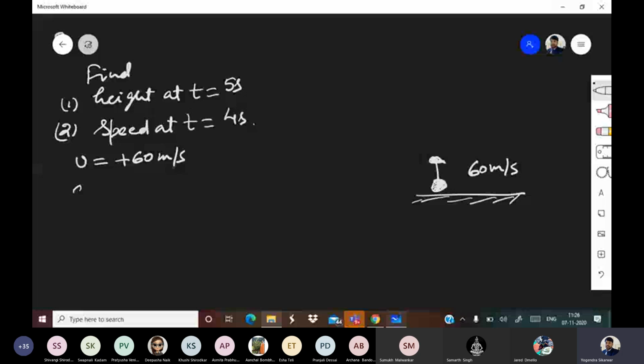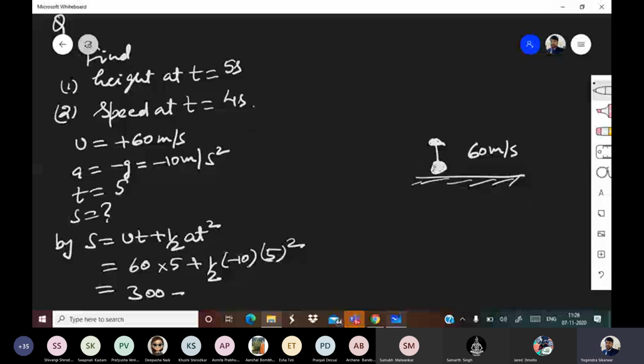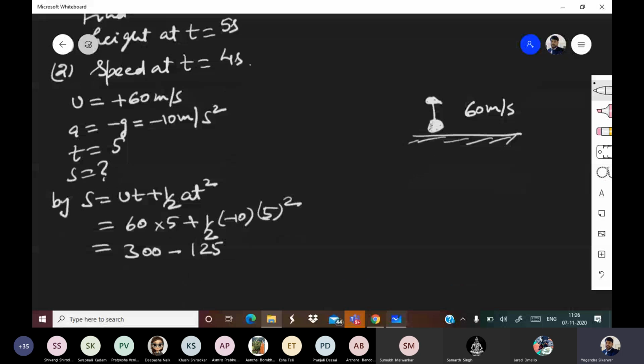So 60 into 5 becomes 300 minus 5 square, which is 25, into 5 is 125. So 300 minus 125 will become 175 meters.